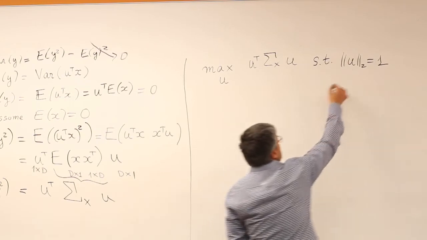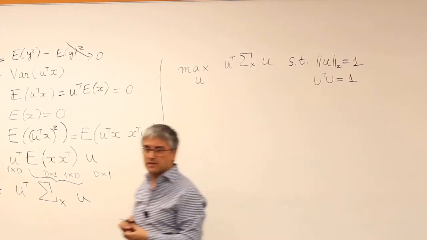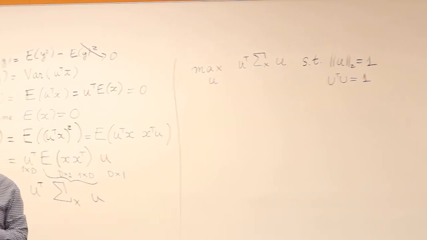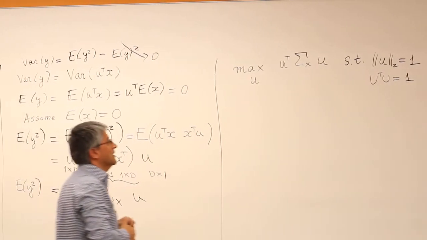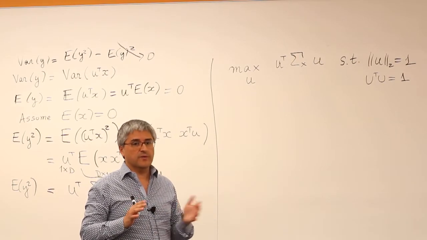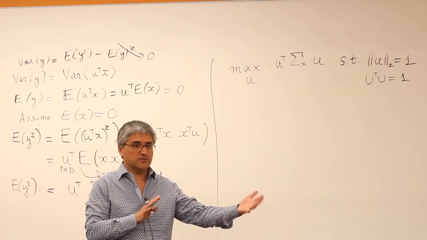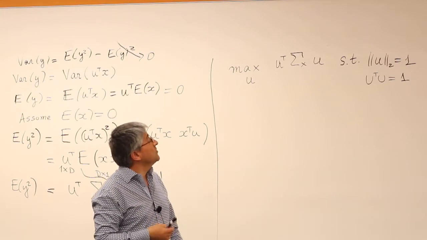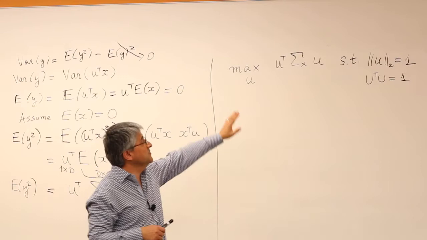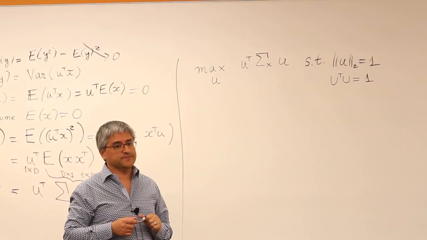And as you can imagine, the norm of a vector is equal to the dot product with itself. Good. Now we are ready. We've gone from the problem that I want to do to the actual formulation, and now it looks relatively simple. It's maximizing some quadratic subject to some quadratic constraint.